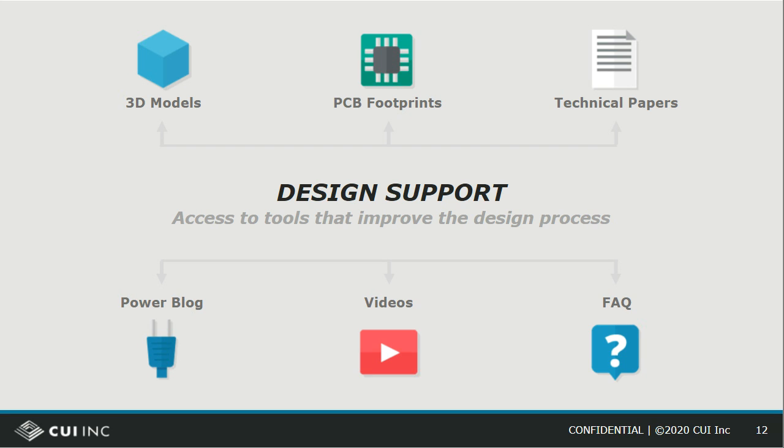Technical papers that help to address some of the features, benefits, and characteristics of the power supplies. CUI offers a power blog that we put out periodically addressing different concepts in a short form regarding power supplies. We have some videos that again explain some of the technical characteristics of our supplies. And we have a frequently asked questions page if you wish to look for information there.